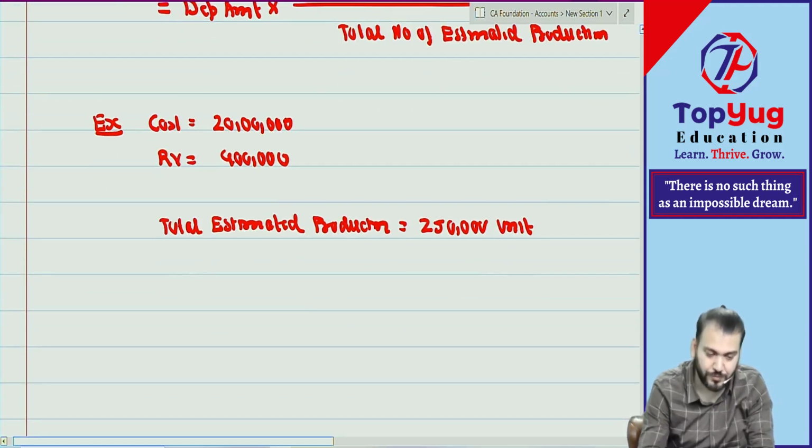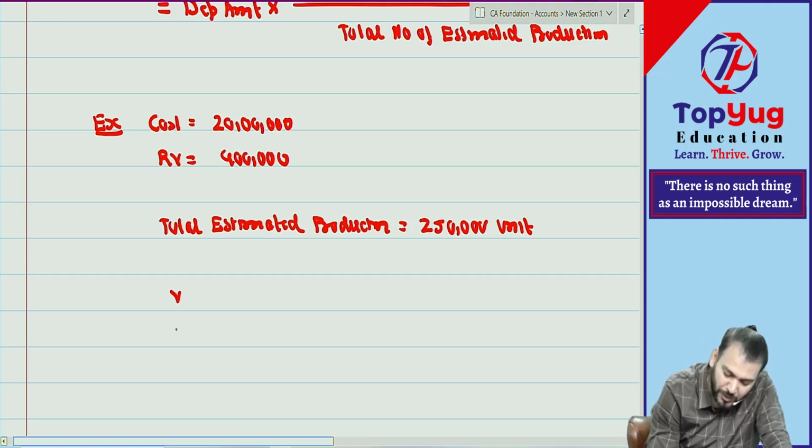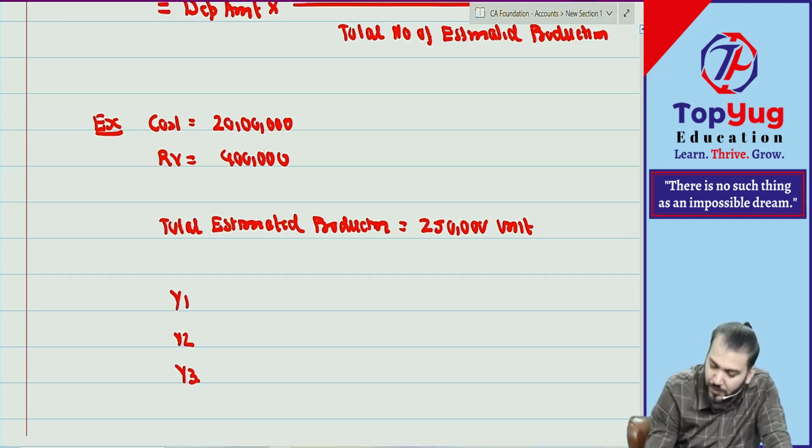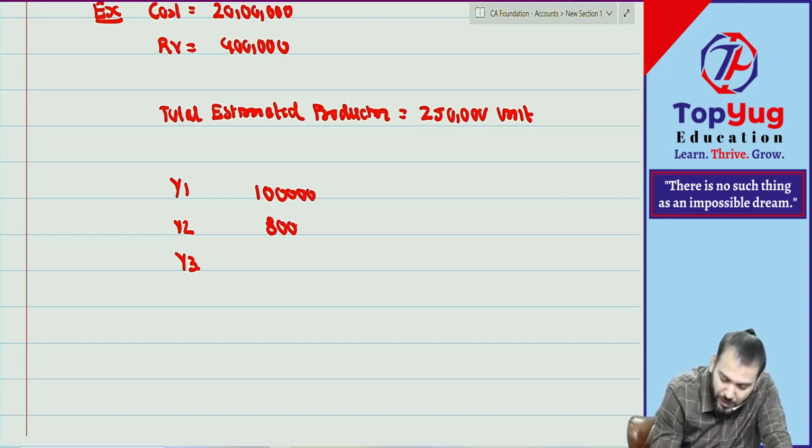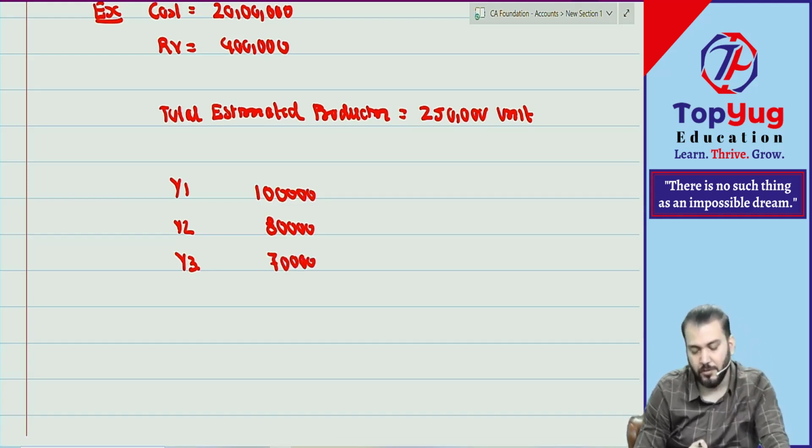Then the number of units produced in year 1, year 2, year 3, they will give the number of actual units produced. Let us assume 1 lakh in the first year, 80,000 in the second year. So balance what? 70,000, no? 70,000 in the third year.